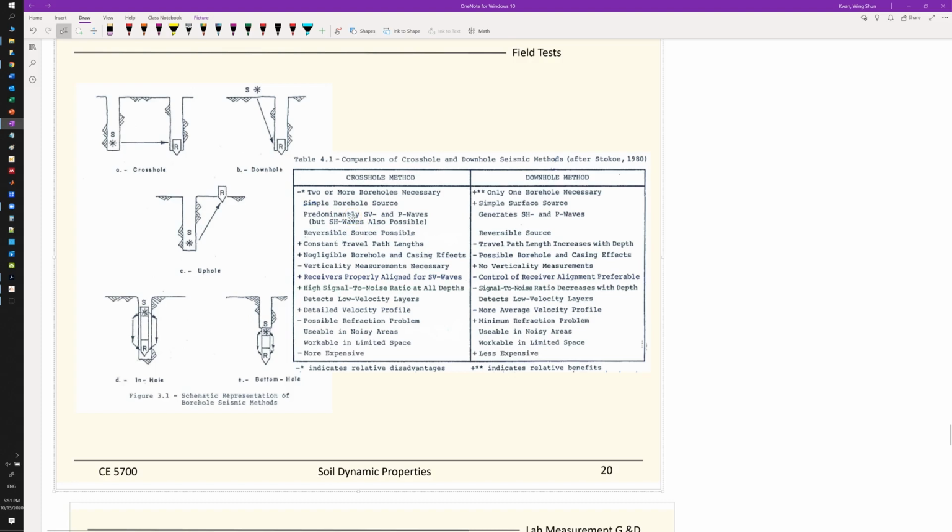If you have two sensors, this is called the top view, you can have two shear wave directions that you may be able to obtain. I'll let you read through this table on the difference between the two. Cost wise, you can tell the crosshole method will be more expensive than the single borehole method. The downhole method will be less expensive.